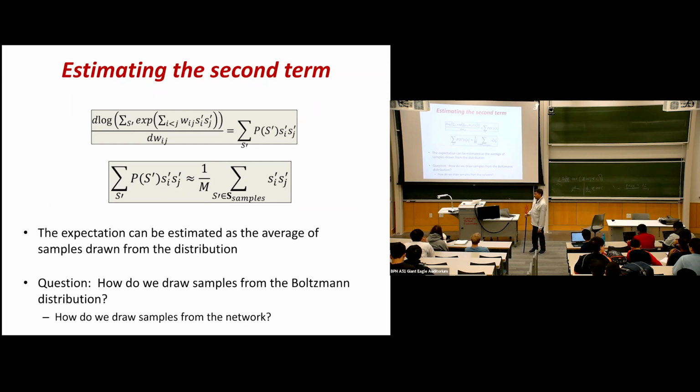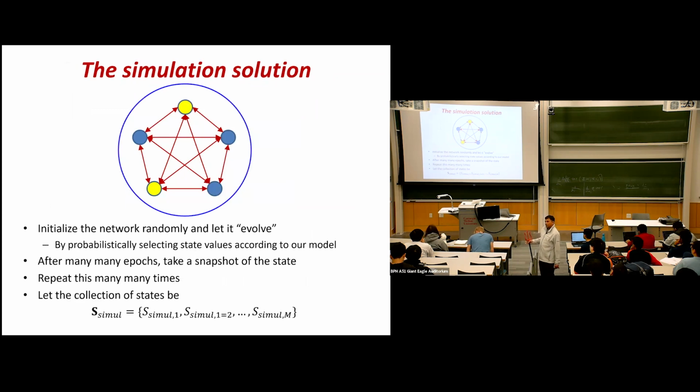The question is, how do you draw samples from a Boltzmann distribution? I can just initialize the network and let it evolve. After a while, I can take a snapshot. Whatever snapshot I get is going to be a sample from the distribution represented by the network.